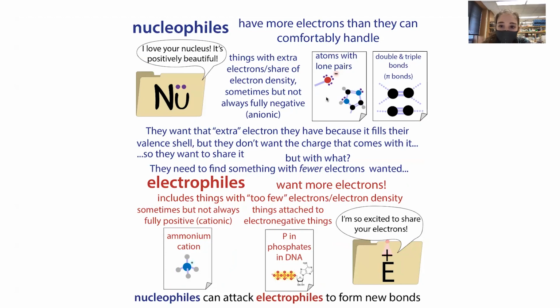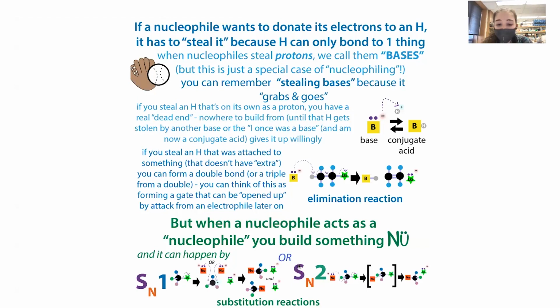To get some help sharing those electrons, it's going to attack something that wants electrons, an electrophile, and form a bond to it. And we can get substitution reactions. If a nucleophile instead grabs a proton, then we say it acted as a base and gets protonated.